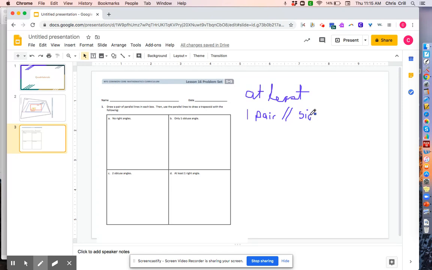It can have more than one pair, but it needs at least one pair. So that's why this is telling us to start with a pair of parallel sides.